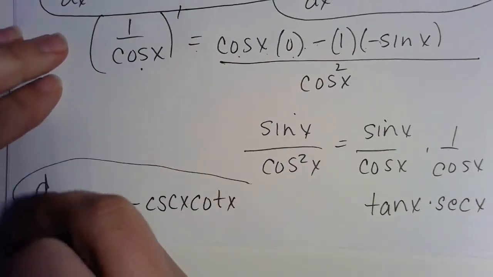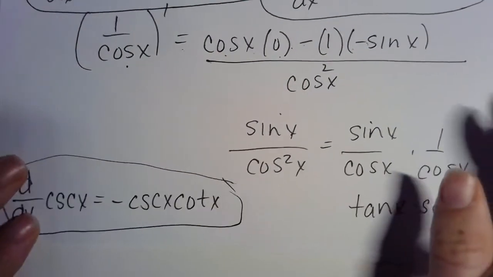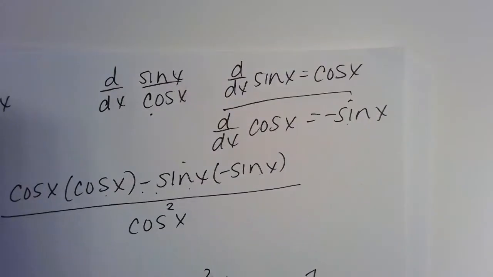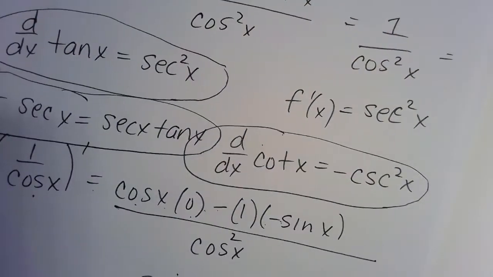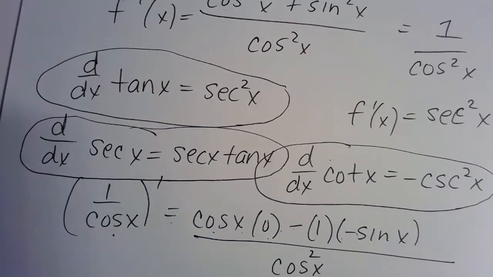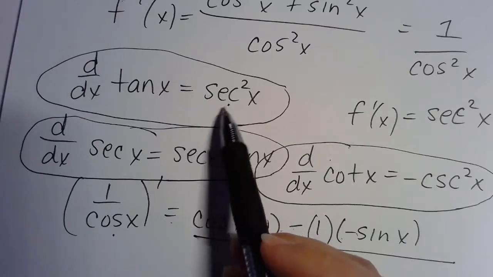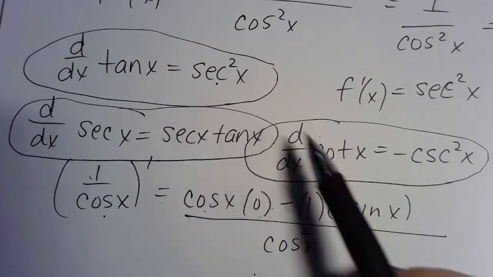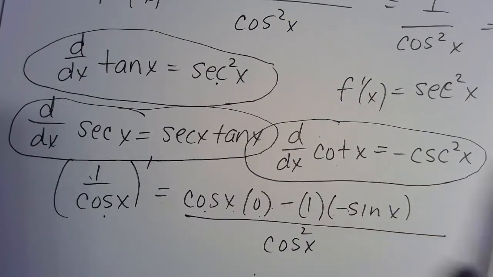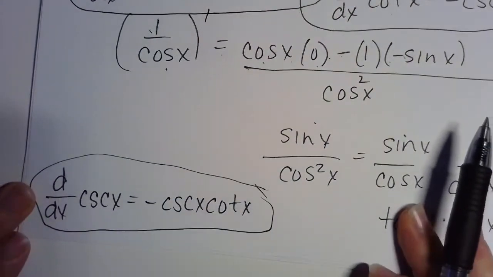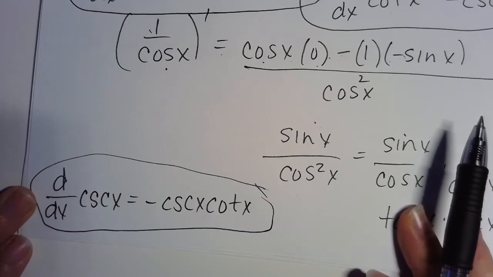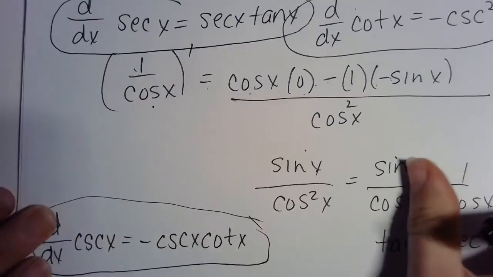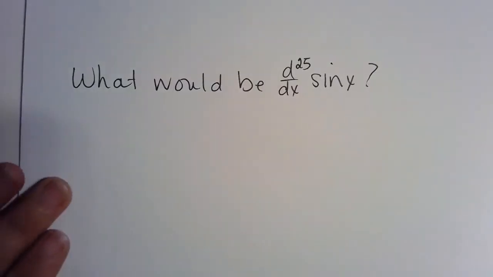So these are basically our 6 big ones we want to remember, right? These two up here, the derivative of sine and cosine. And then you probably don't want to redo them every time, so you probably want to remember that the derivative of tangent is secant squared, the derivative of secant is secant tangent, the derivative of cotangent is negative cosecant squared, and the derivative of cosecant is negative cosecant of x times cotangent of x. So that's all 6 of our trig functions that we now know the derivatives of.